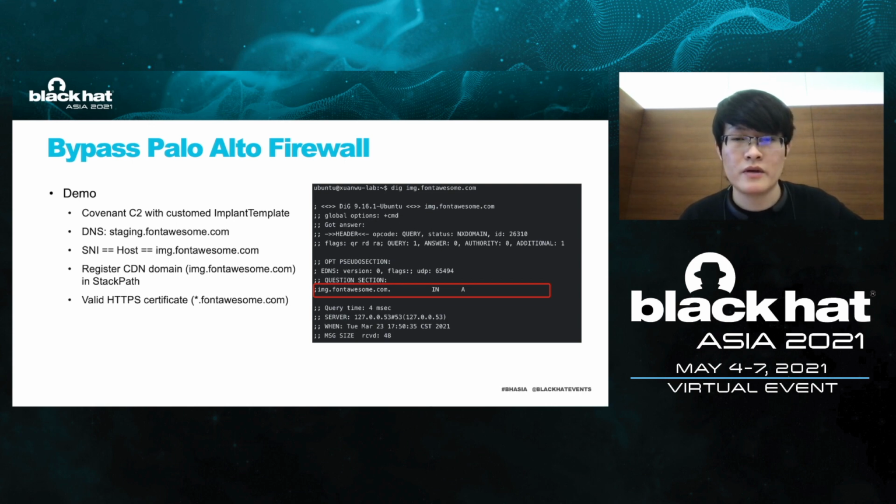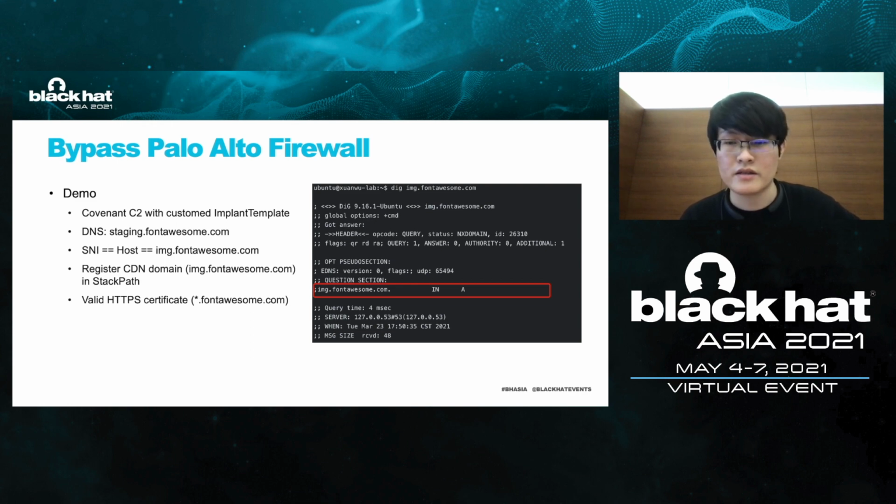We use the following configuration in our demo. We use common-night C2 as before. The staging.faultawesome.com is the domain of the FaultAwesome project and is on StarPass CDN. Our C2 agent uses this domain for DNS lookup to find the IPs of CDN servers.